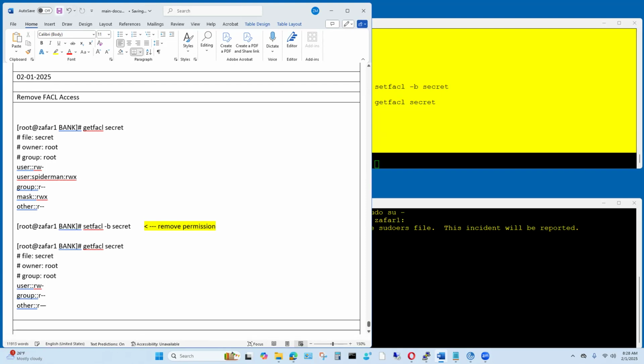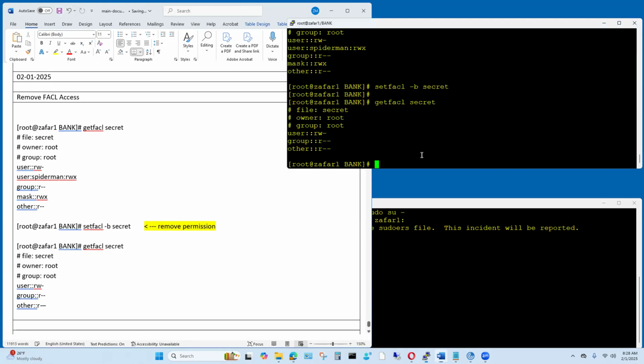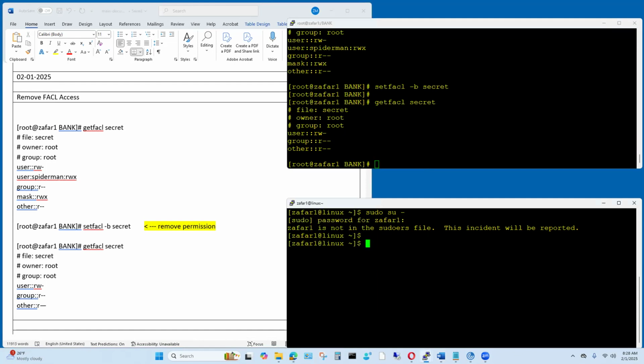Okay, so I'm not gonna go and try and test it out, but I know for sure it will remove the access here.